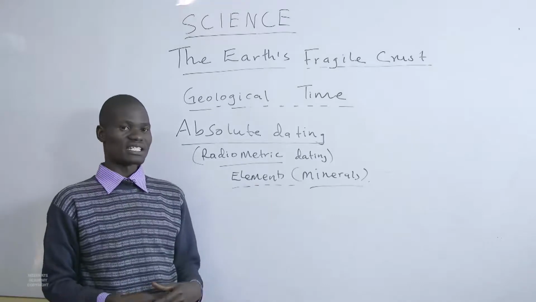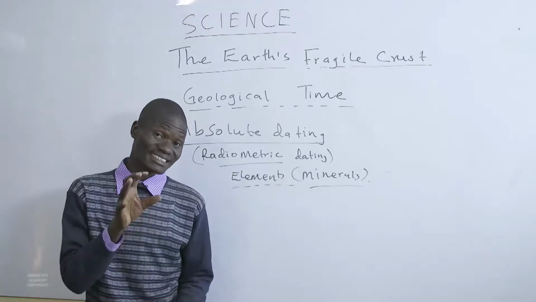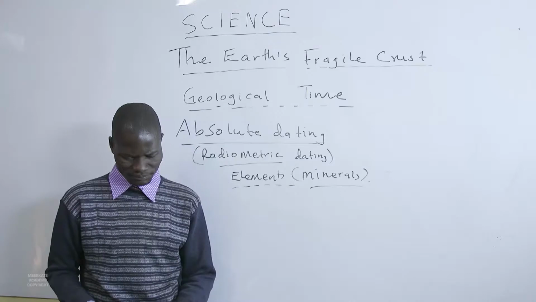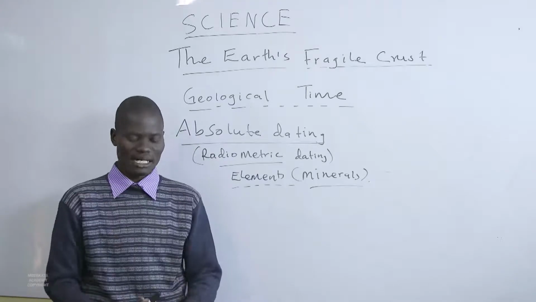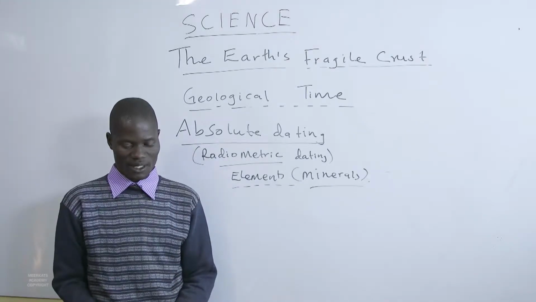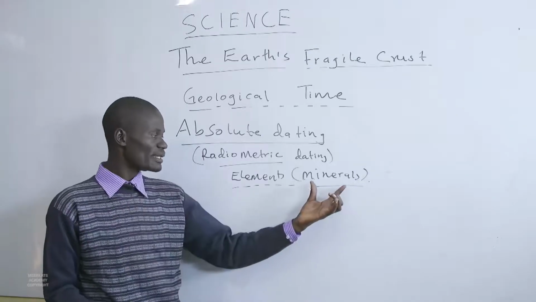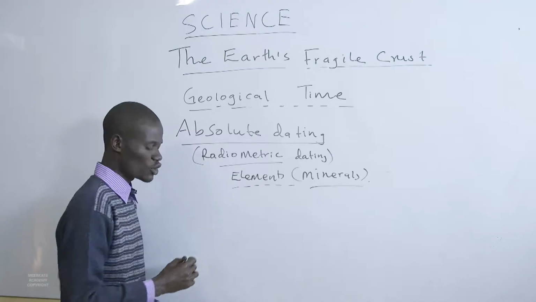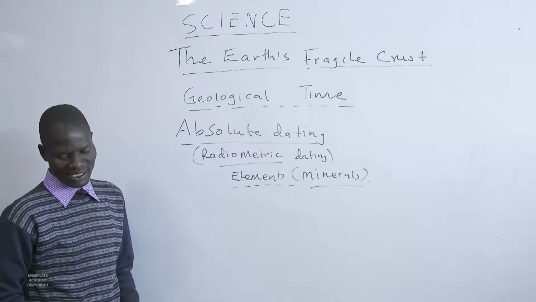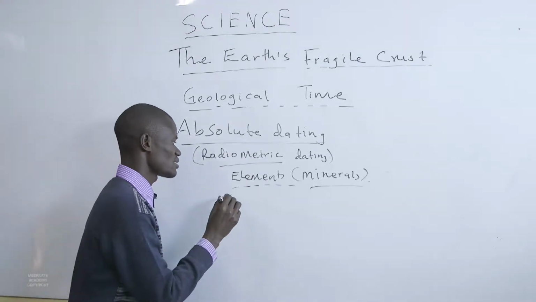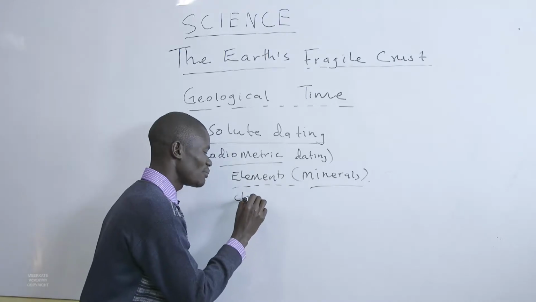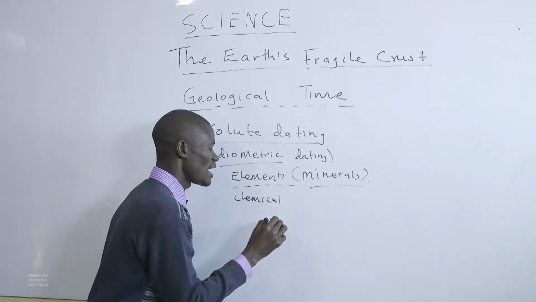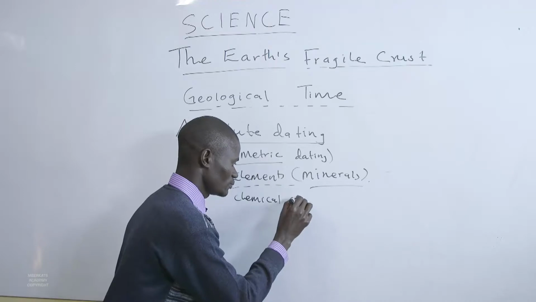When we find some of these elements and substances, they are found in the Earth's crust. They are made up of atoms. Some of these minerals or elements have small atoms that have chemical elements. These chemical elements, we refer to as isotopes.